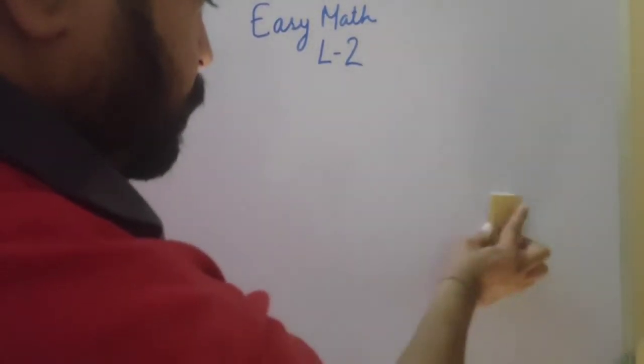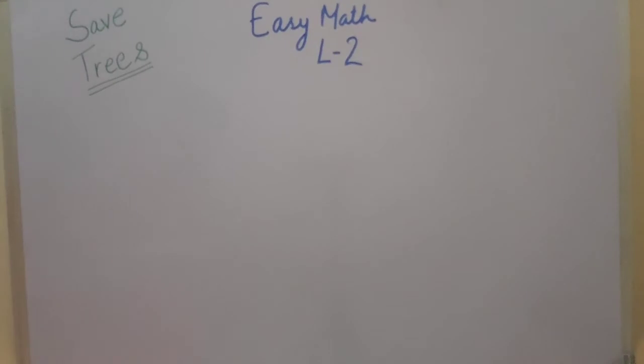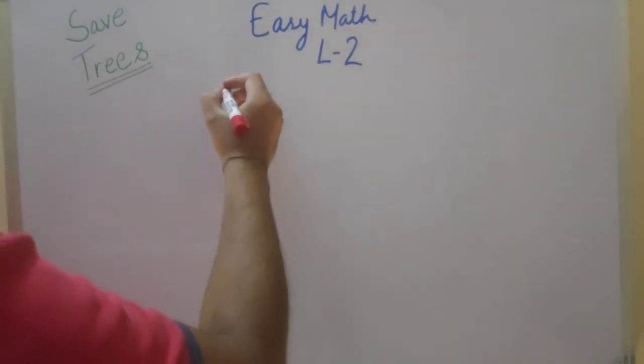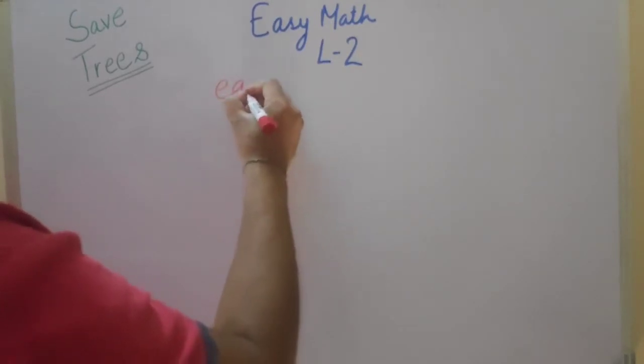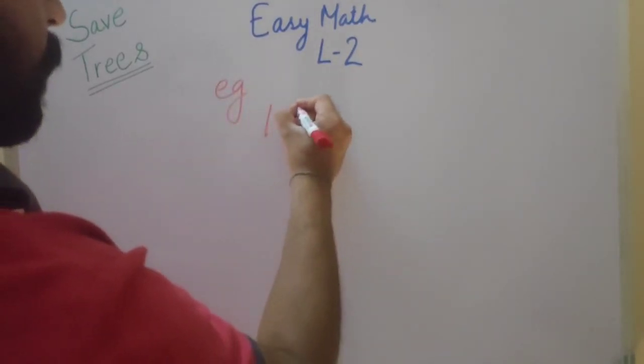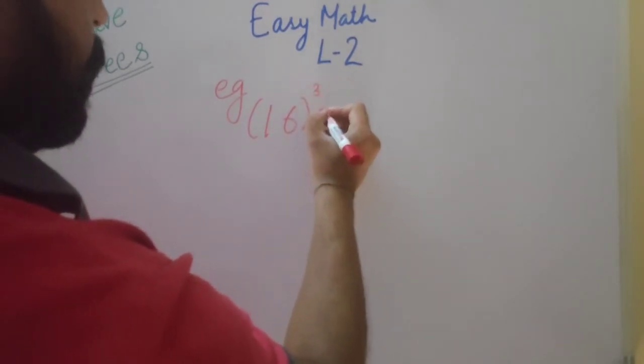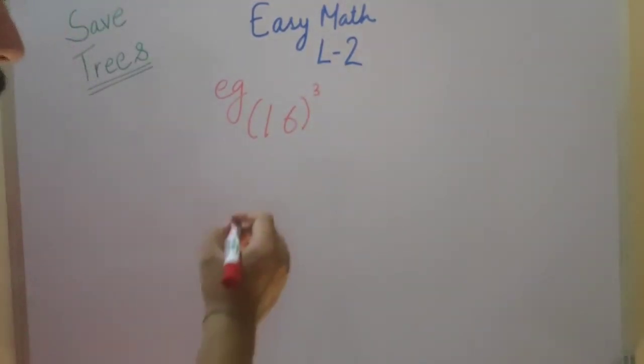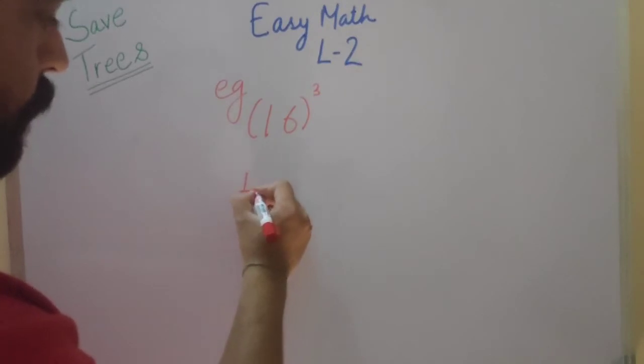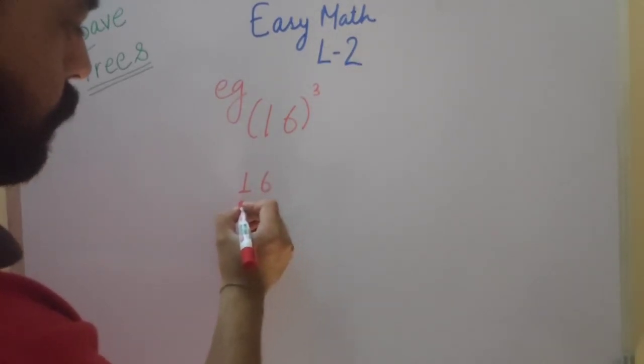Now moving on. Let's take an example: suppose we want to find the cube of 16. As I told you earlier, we convert both of these digits into a ratio, so it becomes 1 is to 6.